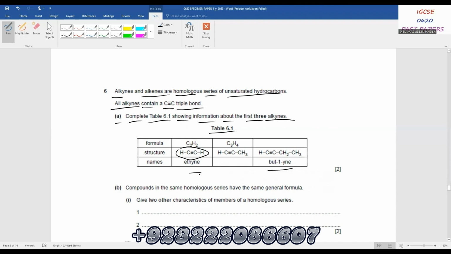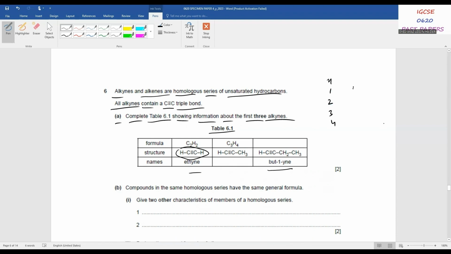Recall the names for alkanes. If you know the value of n, 1, 2, 3, 4, we have methane, so you'll write meth. Ethane, so you have eth. Propane, you have prop. Fourth one, but.